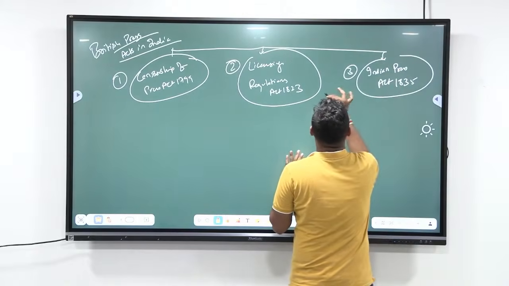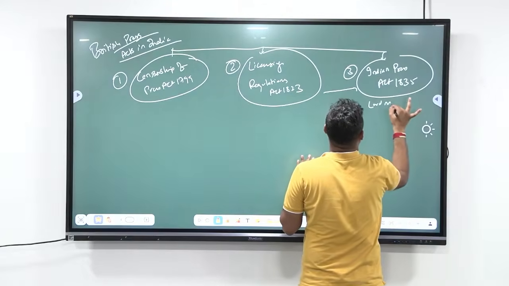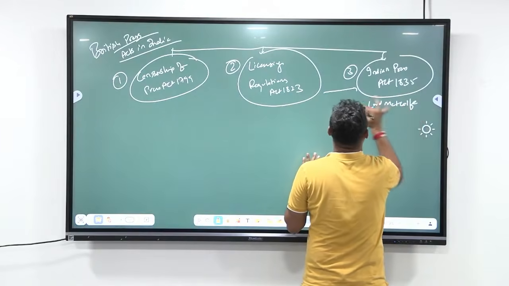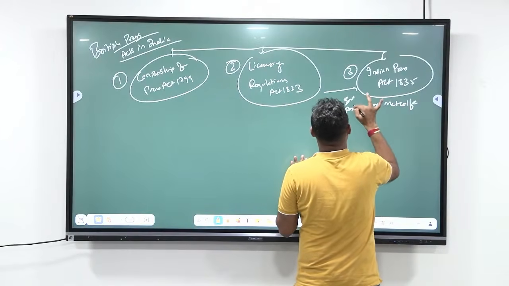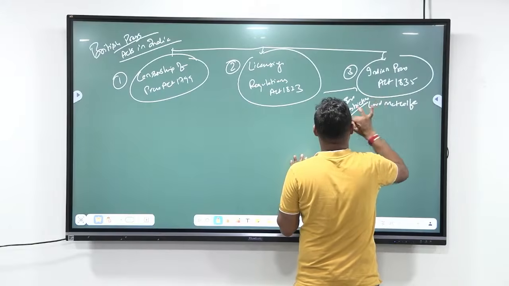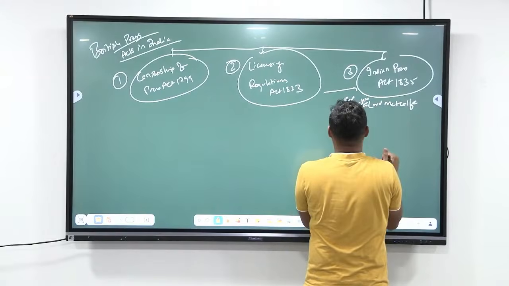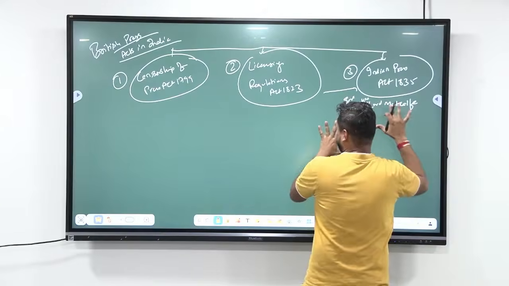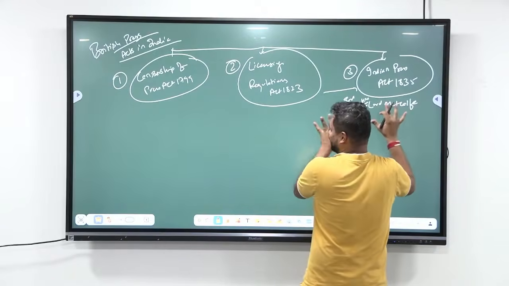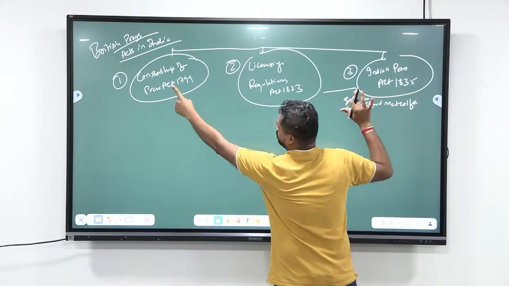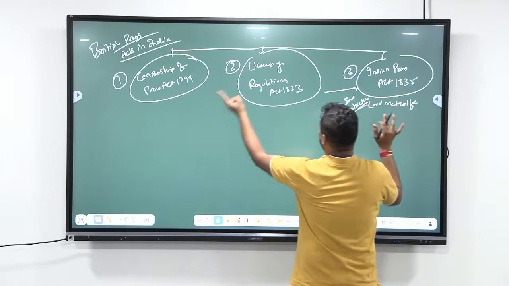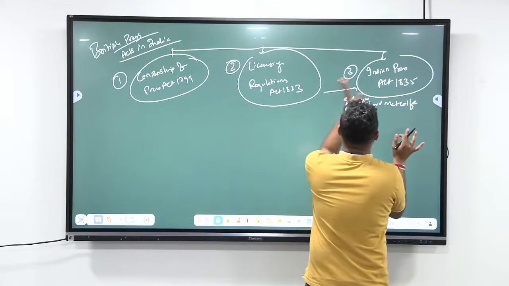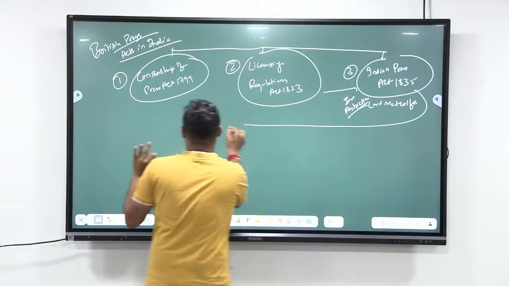This is where Lord Metcalfe will ease the restrictions. Because Lord Metcalfe eases the restrictions, he is given the name Liberator of Indian Press. But anyways, let us not go into the explanation. By default, I keep going on to the explanation. We are only worried about the mind maps. So you have Censorship of Press Act 1799, then the Licensing Regulations Act 1823, then you have Indian Press Act 1835.